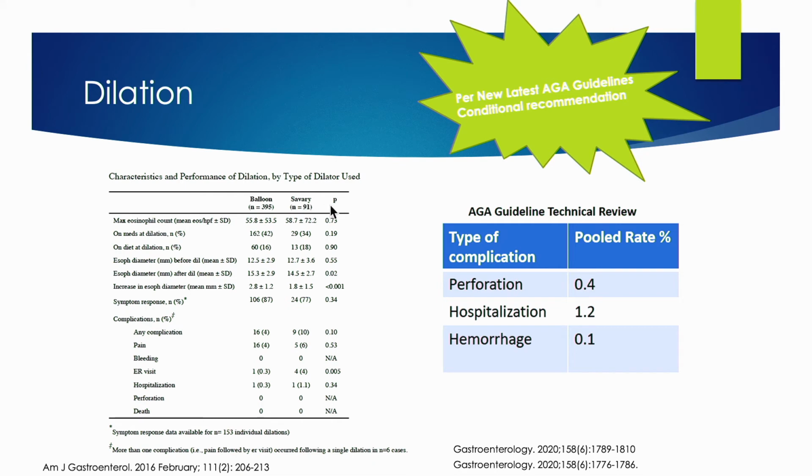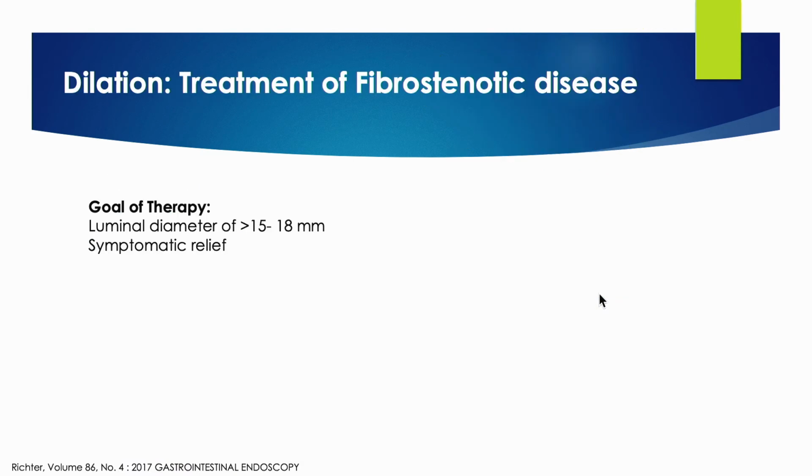Both balloon and savories are used, and the complication rate is very similar. In the AGA technical review, the perforation rate was actually 0.4, a lot less than was initially reported.